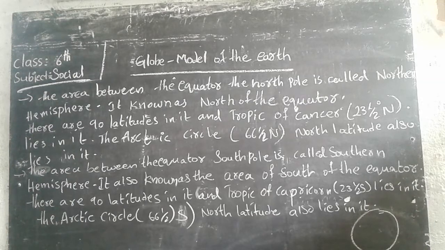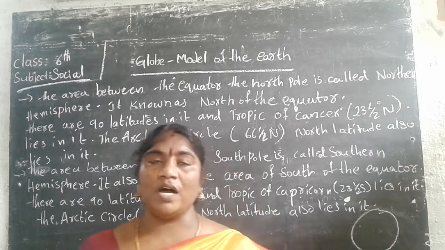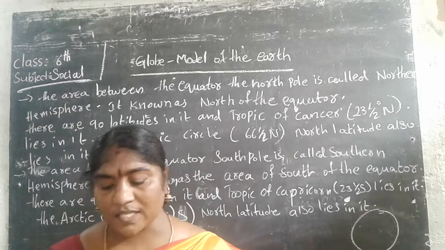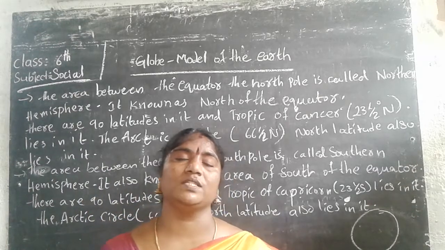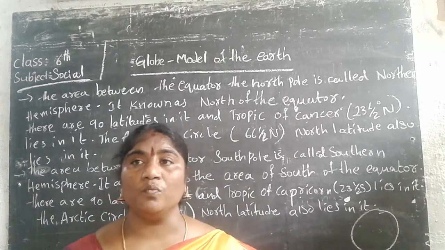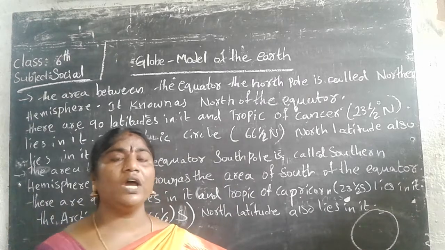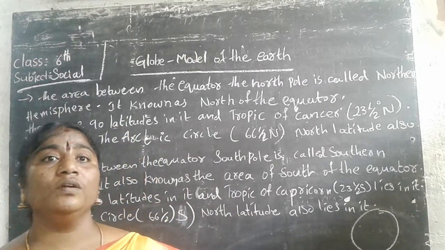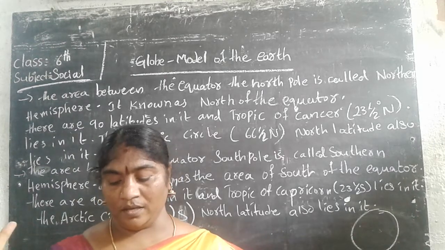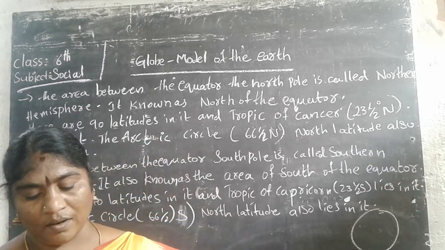Most of the earth's surface consists of water, which forms the oceans. Seas and oceans stretch for hundreds and thousands of kilometers, filled with water only. This is called oceans. We have 4 oceans: the Atlantic Ocean, Indian Ocean, Arctic Ocean and Pacific Ocean.